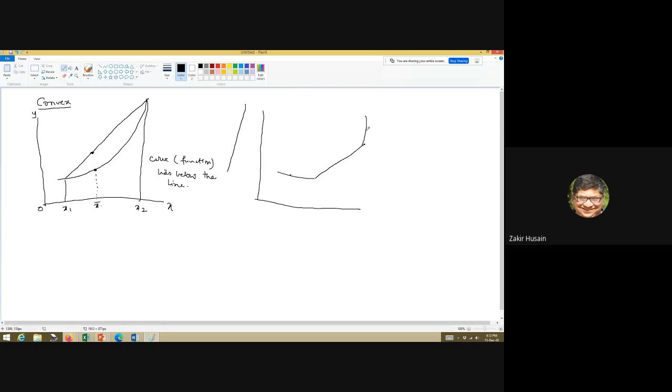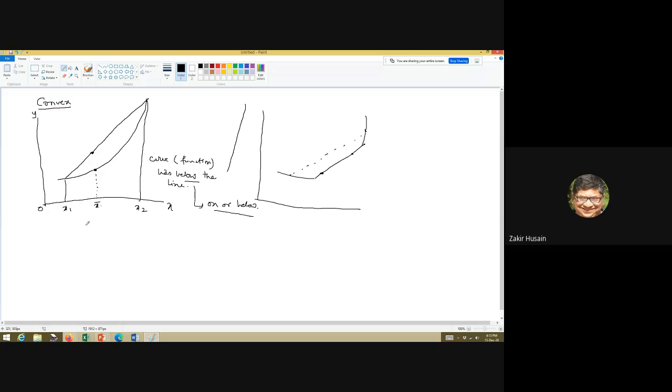See, if we take a point like this and connect it, the line is above the curve. But if we take a point like this, then it is equal to the line. So the convexity definition should be modified slightly. Instead of writing below, we should write it lies on or below. So the curve lies on or below the line.